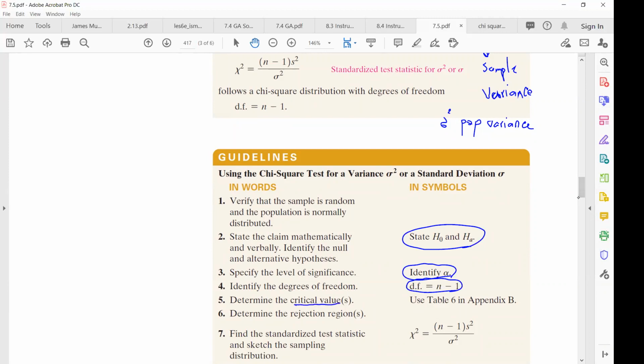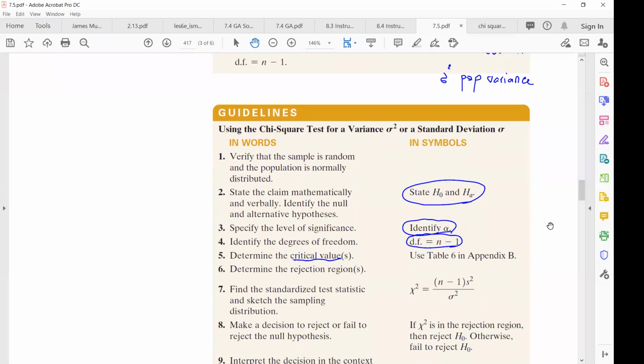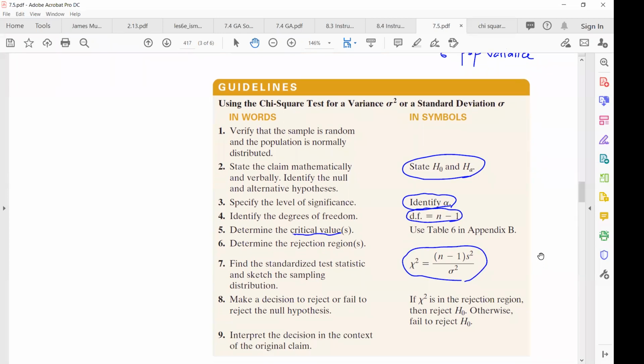Then you need to find your critical value or critical values using the chi-square table. Then you need to determine the rejection region or regions. Find your test statistic, chi-squared equals n-1 S squared over sigma squared. And finally, make a decision whether to reject or fail to reject the null.